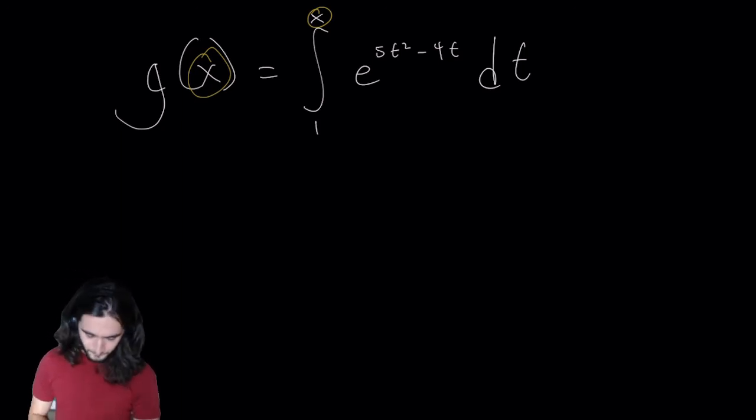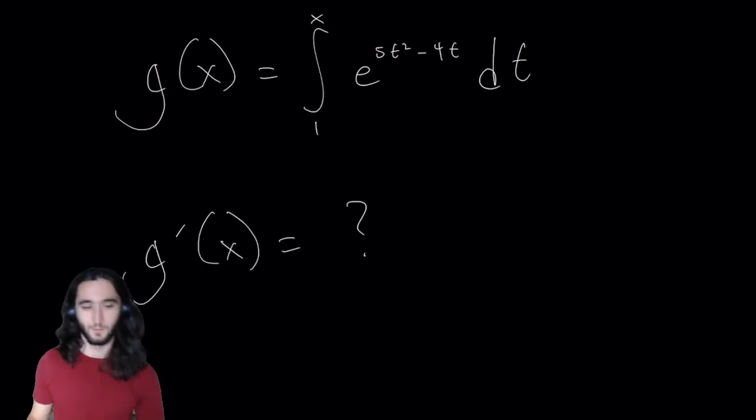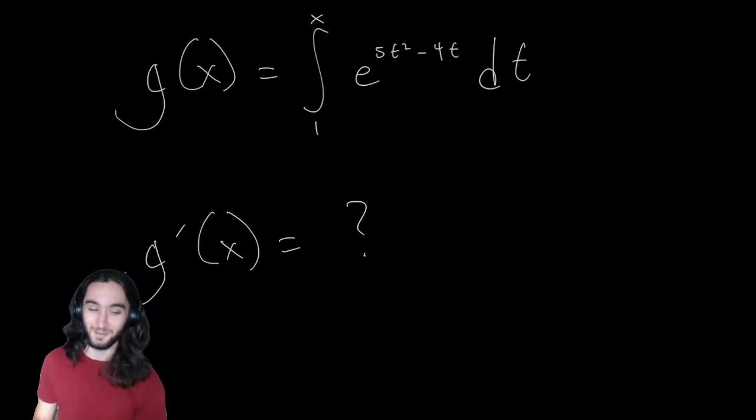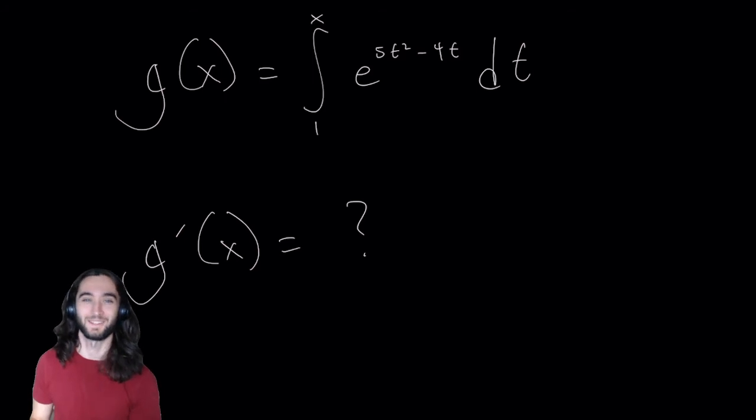Now, the question they're asking is, what is g prime? The trick to this is the fundamental theorem of calculus, right? The fundamental theorem of calculus is the fact that integrals and derivatives are opposites of each other.